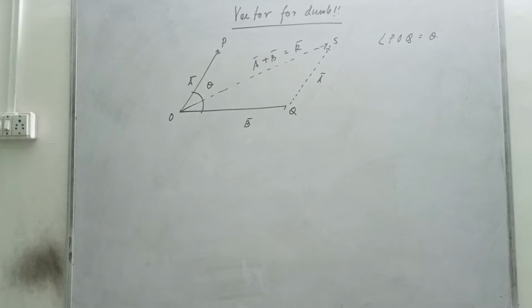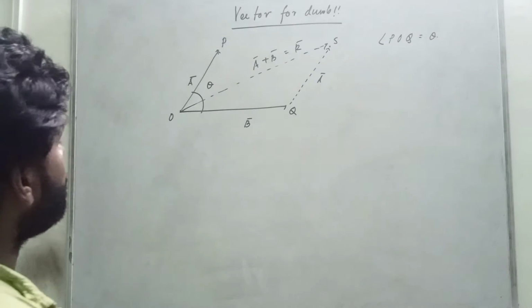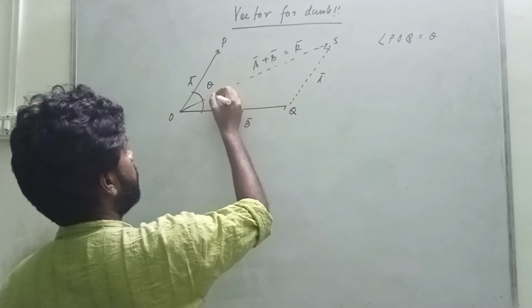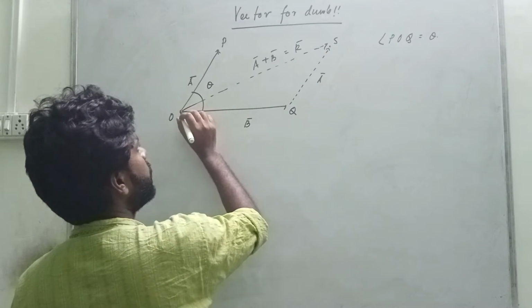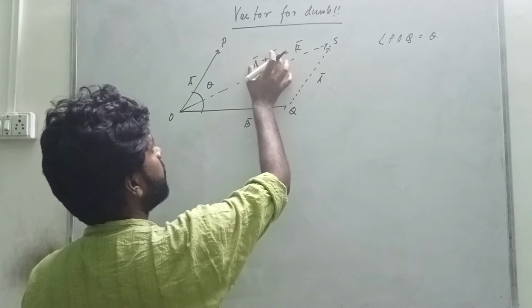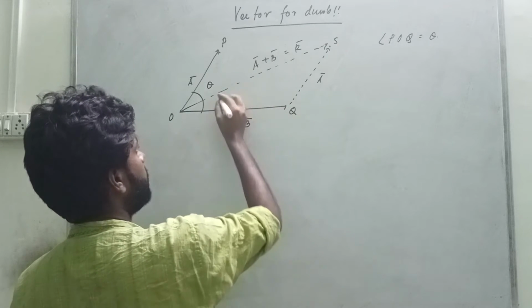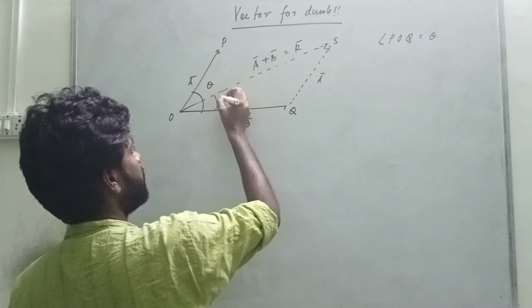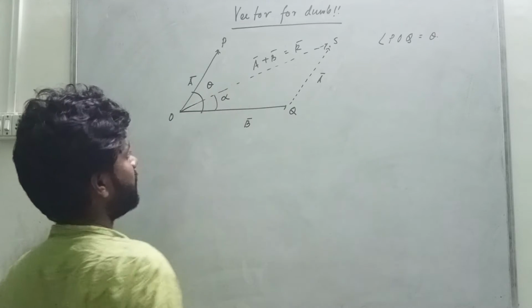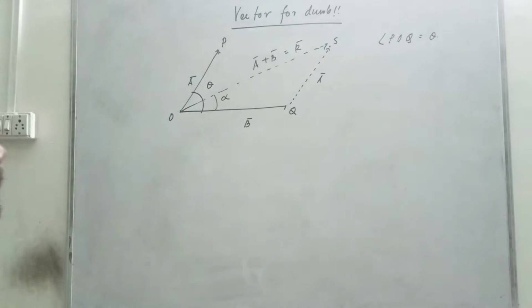Okay, and now I want to calculate the angle of r, a plus b, this vector, with OQ, the b. So just name it alpha, right? Just name it alpha. Okay.